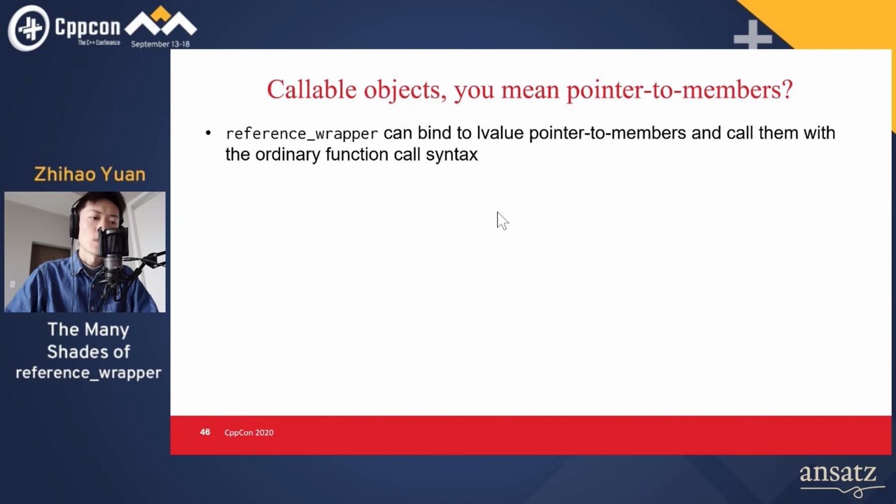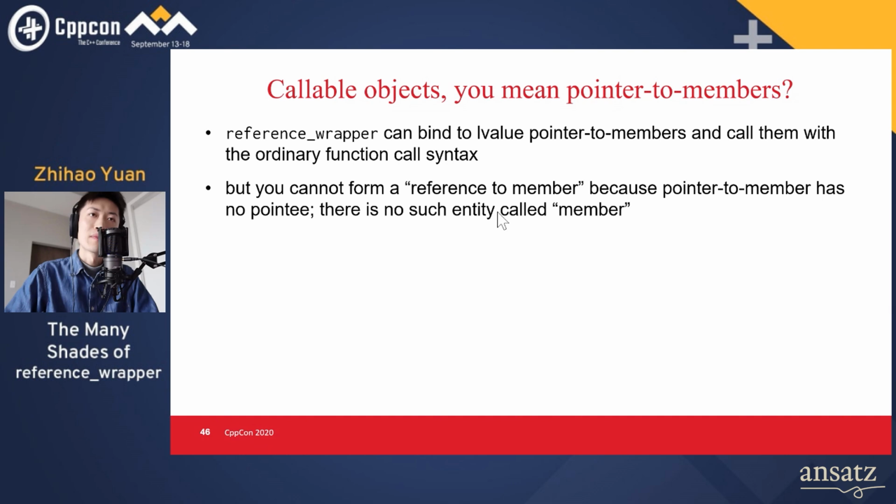The problem here is that when we are saying reference wrapper models after reference to functions, we mean that it can point to functions, but to pointer to members, you can't really form a reference to member because pointer to member has no pointee. There's no such entity in the language called member that you point to. So it works, but probably not in the way you are looking for.